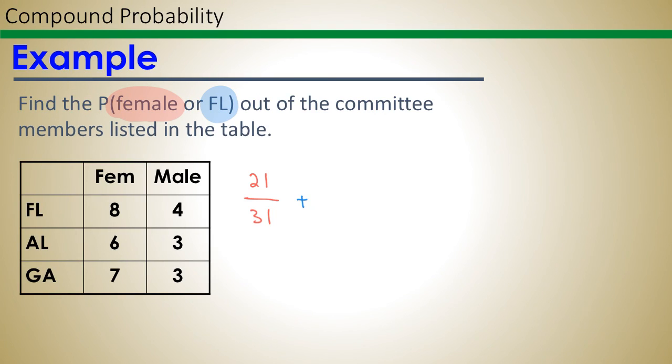Let me highlight this: that's everyone that's female, and this is everyone from Florida. So we've got 12 of those out of the 31 committee members. But these females from Florida have been counted twice, so I have to come back and subtract those.